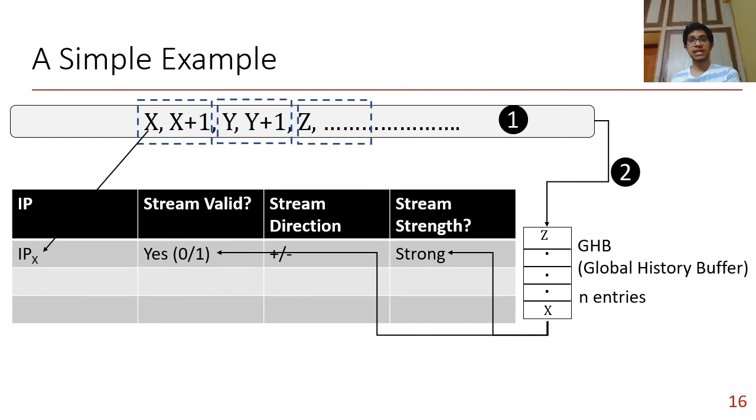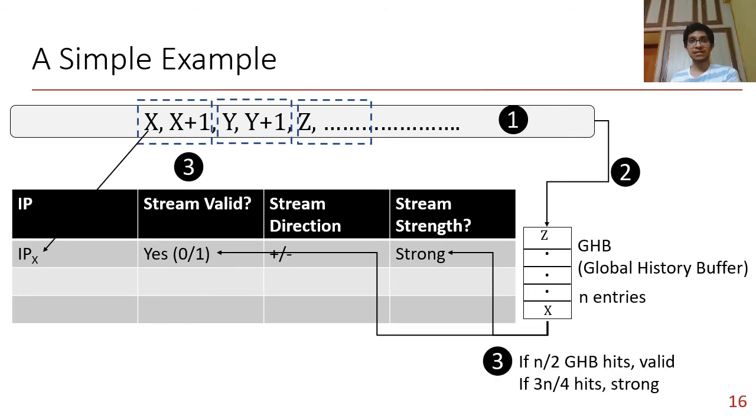When an IP, say IPX, accesses a cache line, the GHB is looked up to see how many of the previous accesses would have been part of the stream initiated by IPX. If the majority of the accesses, say 3/4 of the entries in the buffer, are part of the global stream initiated by IPX, it would be safe to say that IPX is part of a global stream, and this stream would potentially cover accesses made by other IPs in the stream as well.